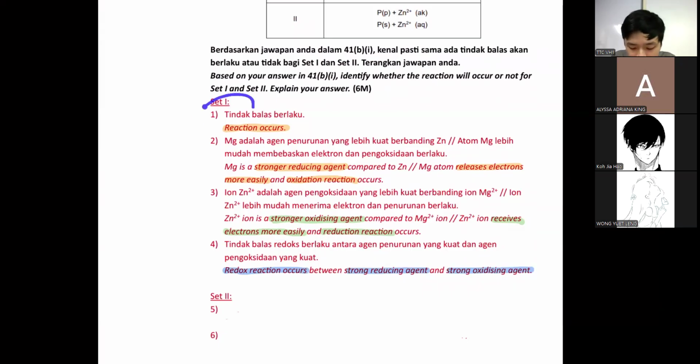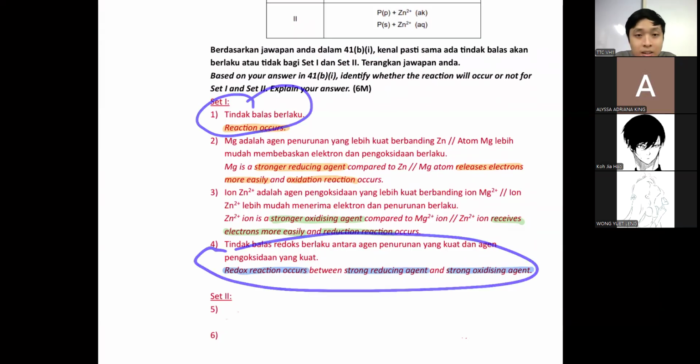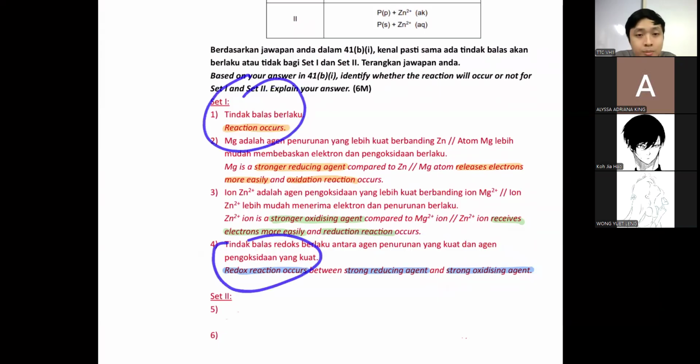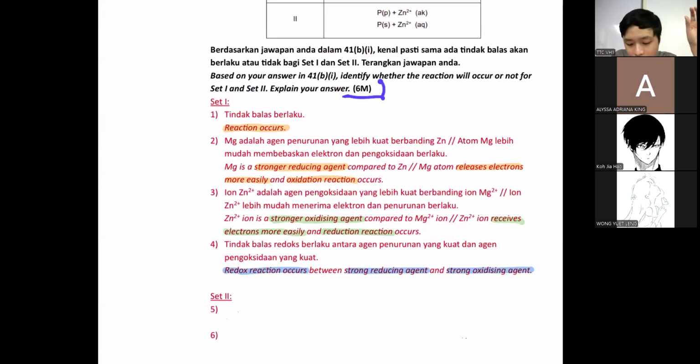Actually, the first part and the fourth part are quite the same. Reaction occurs, so you count it as 1 mark. But in the exam, they also tell you that you can write either one. Because it's 6 marks, each set is 3 marks. So if you forgot to write the fourth one, it's okay, or if you forgot to write the third one, it's okay.